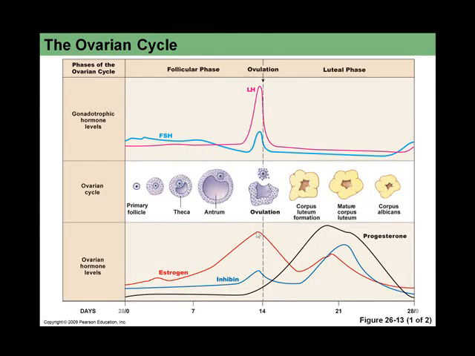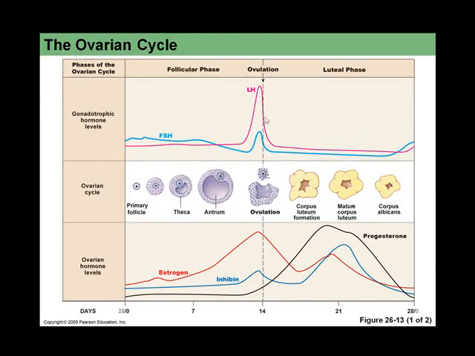This corresponds to that switch of negative feedback to positive feedback of estrogen that we mentioned in an earlier slide, and therefore we see the gonadotropin levels have increased. This LH and FSH surge, but in particular this LH surge, is essential for ovulation.